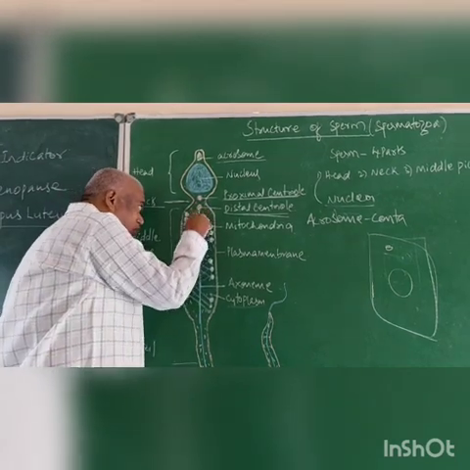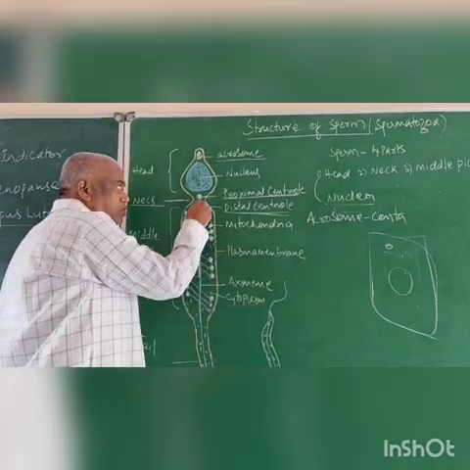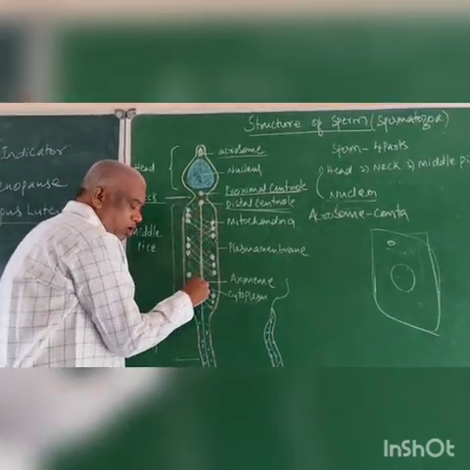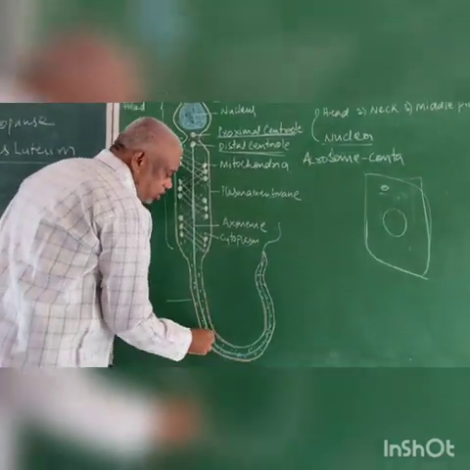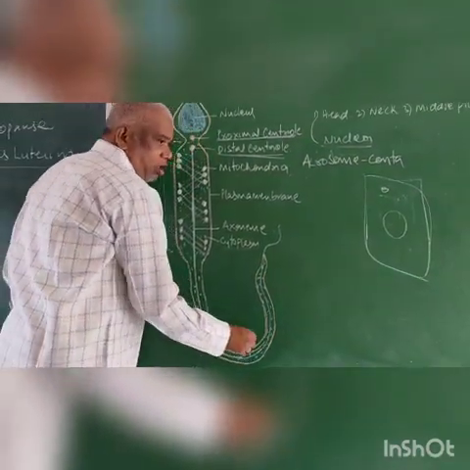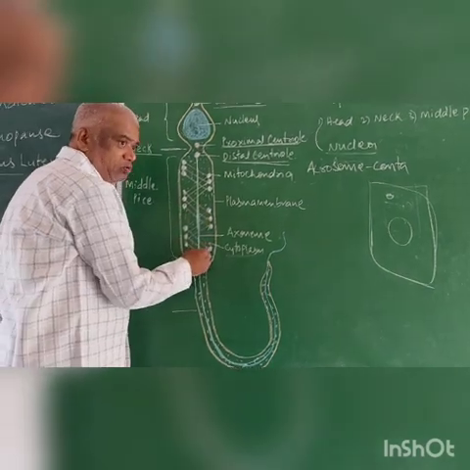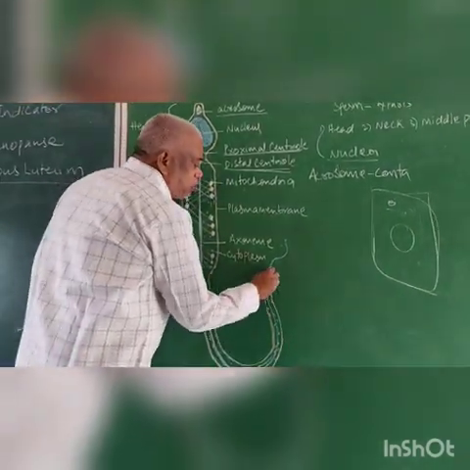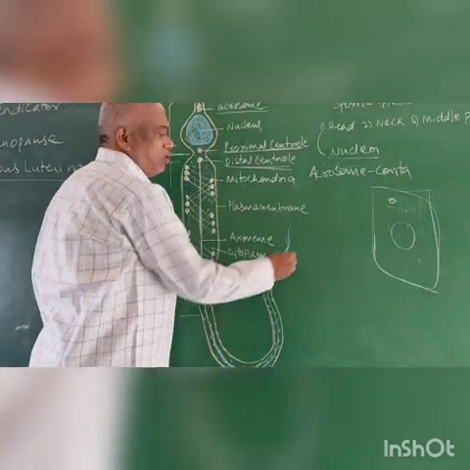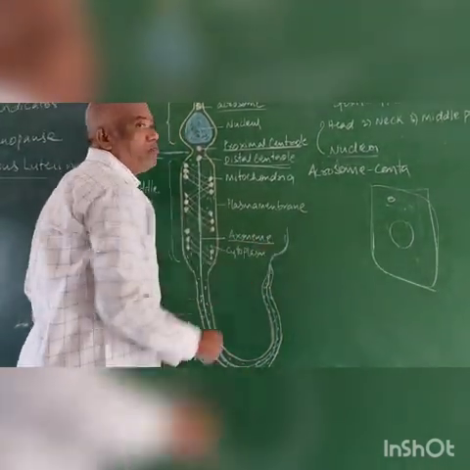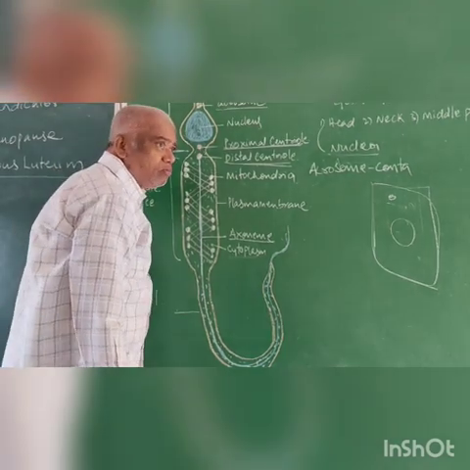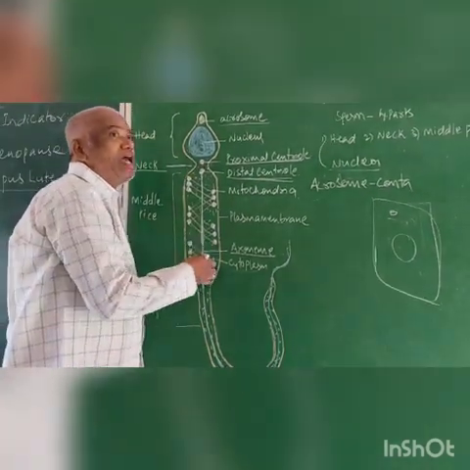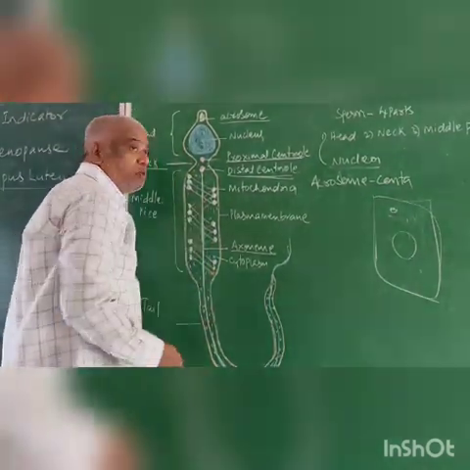This distal centriole forms a long filamentous structure which passes through the middle piece and tail and comes to the outside at the end of the tail. This is called the axoneme, which acts as a central axis to the sperm.